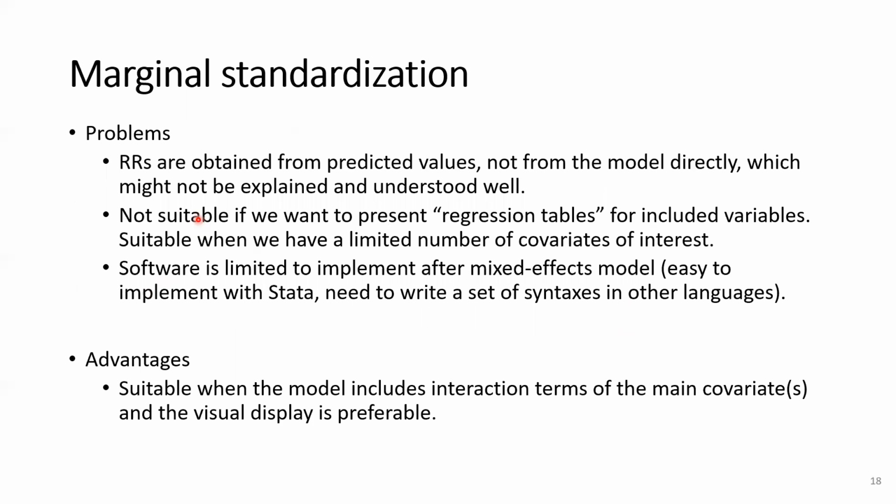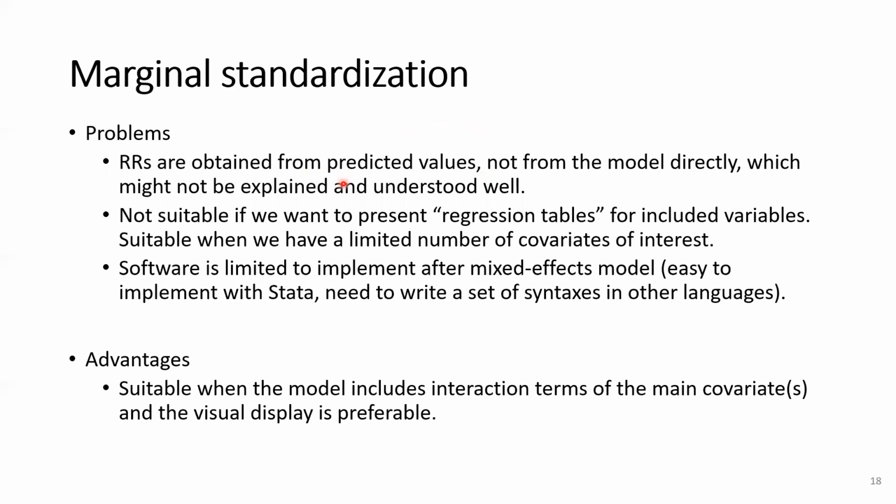There is, however, a caveat. I'm not sure it is called a problem, but the relative risks are obtained from predicted values, not from the model directly. When we do a regression model, we usually show the result using the coefficients given by the model or a linear combination of the obtained coefficients. But in this case, we start from predicted values and calculate relative risk.